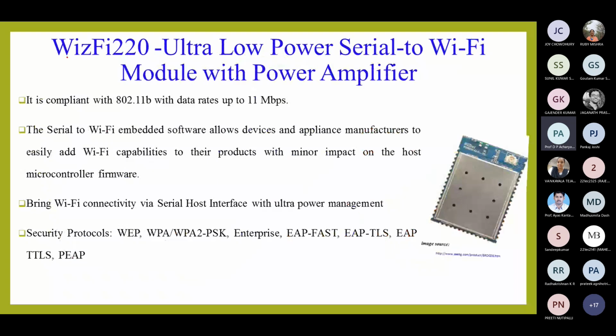This is another ultra low power serial to Wi-Fi module with power amplifier. It is compliant with 802.11b with data rates up to 11 Mbps. Serial to Wi-Fi embedded software allows device and appliance manufacturers to easily add Wi-Fi capabilities to their products, with less impact on the host microcontroller firmware.